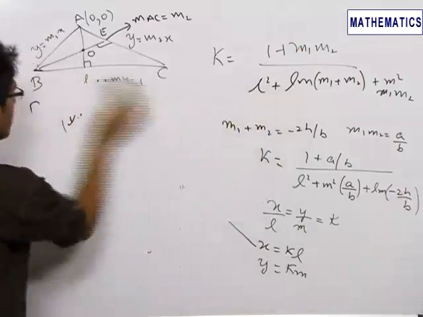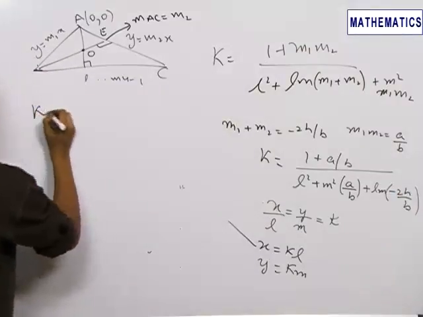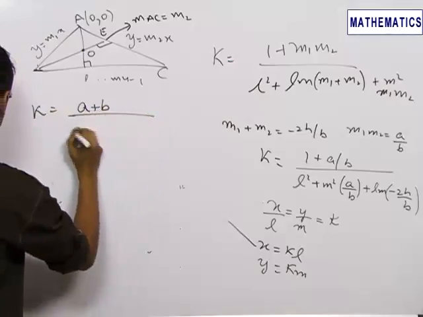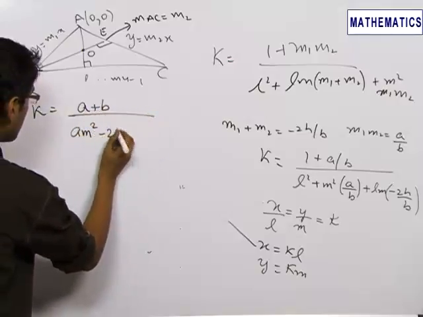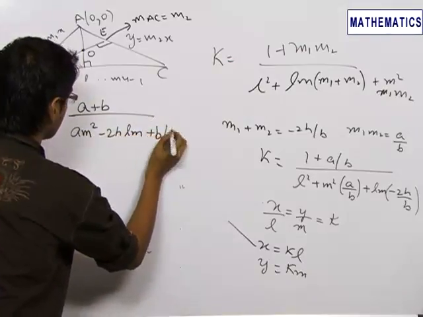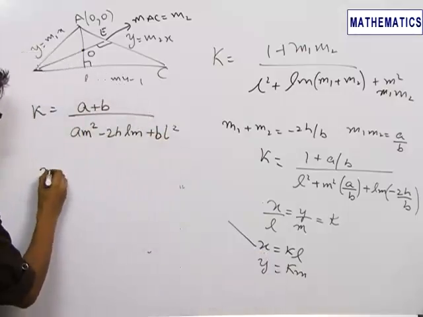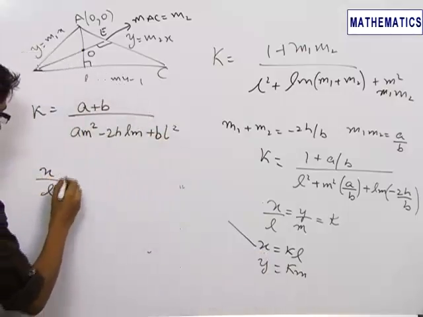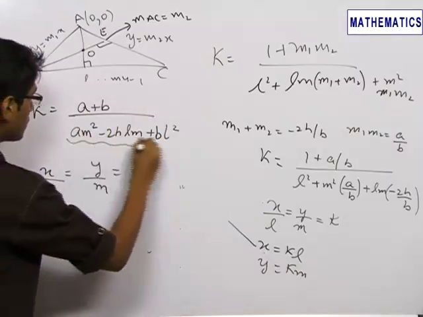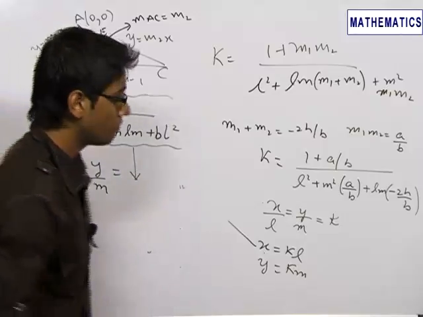On simplifying and rearranging the terms, we get k equals a plus b upon am square minus 2h Lm plus bL square. On putting the value of k in this equation, we get x upon L equals y upon m equals this whole value, and this was the result which we needed to prove.